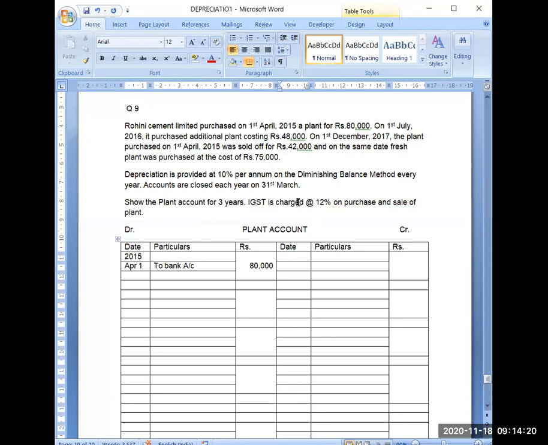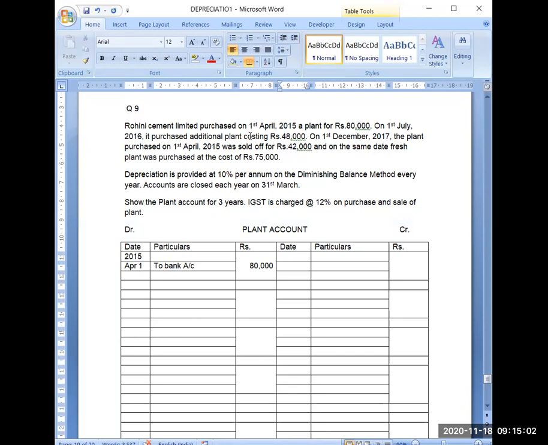So you can see that our year will start from 1st April 2015, and on what date it will end. You tell me the last date of this year 15-16. Yes, 31st March 2016.